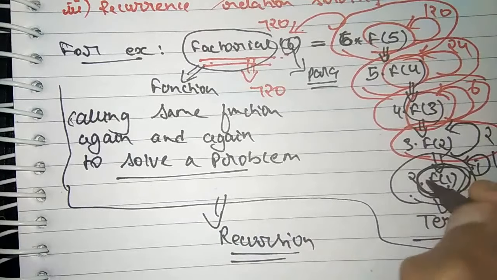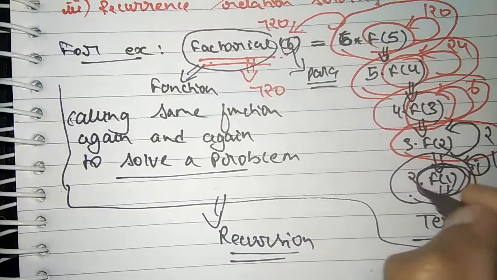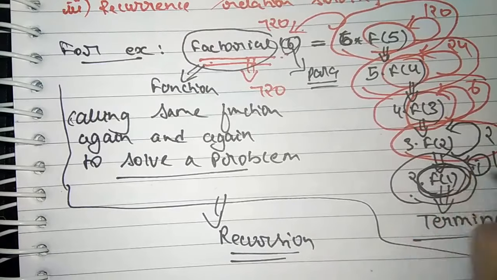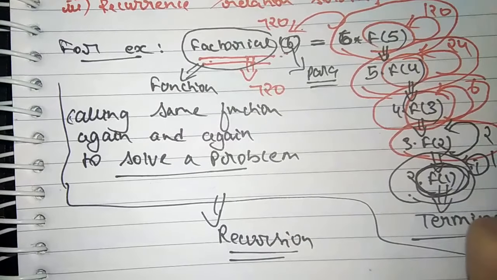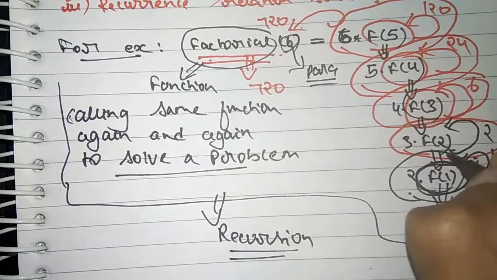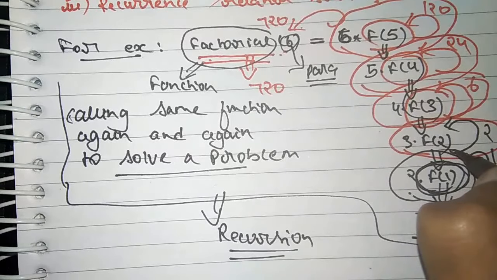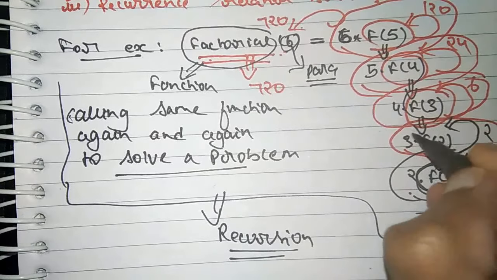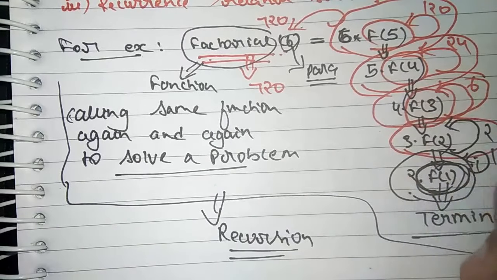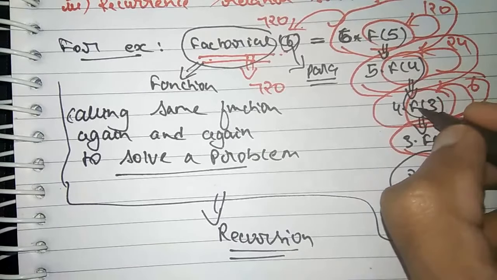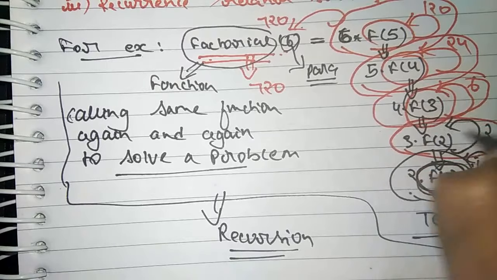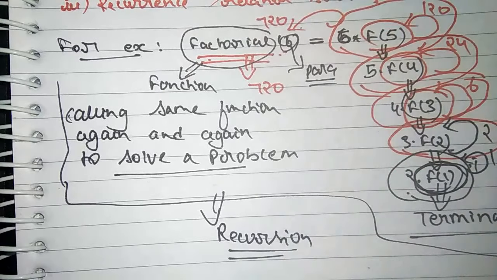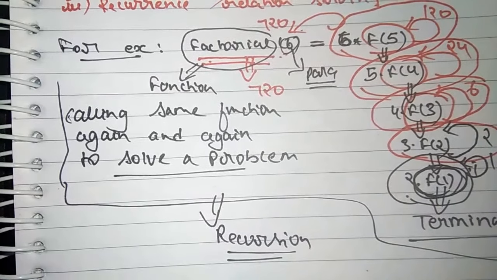Then 2 into 1 is 2, and this 2 is returned to factorial of 2 because it was called previously. And 3 into 2 is 6, and this 6 will be returned to f of 3. So this is the whole concept of recursion, right?